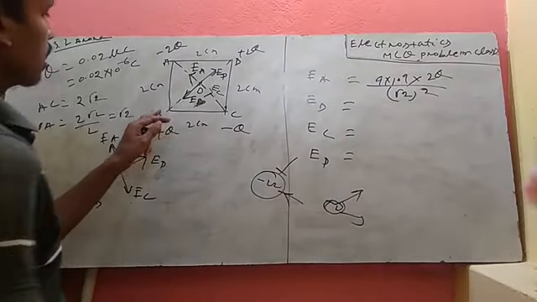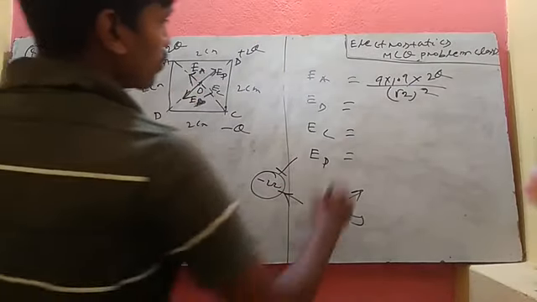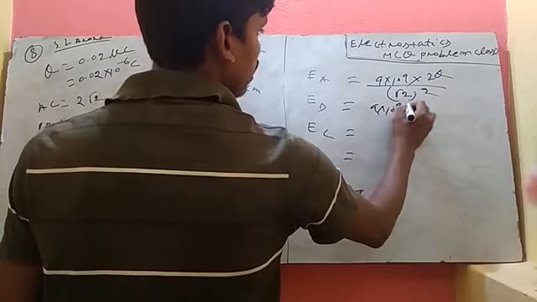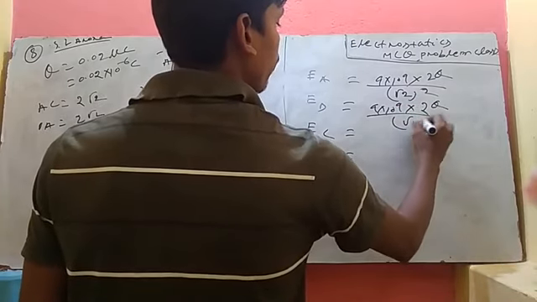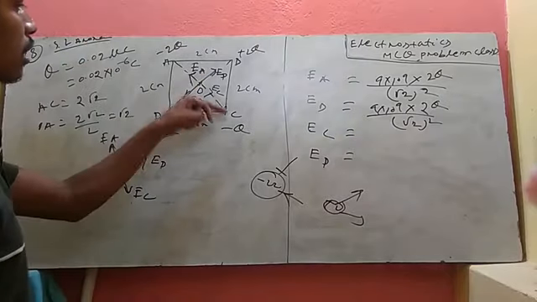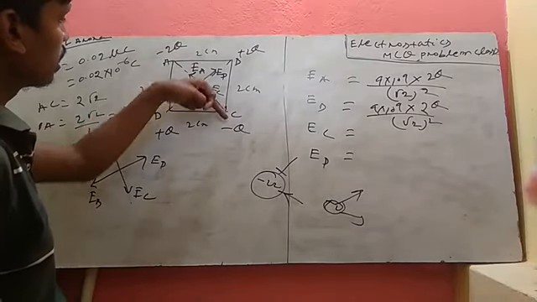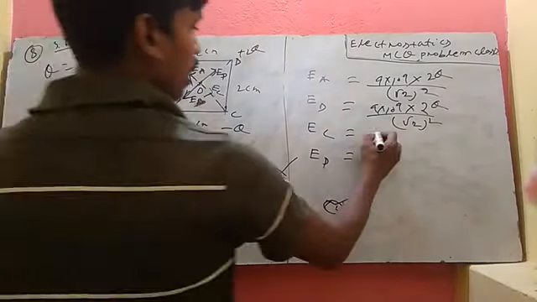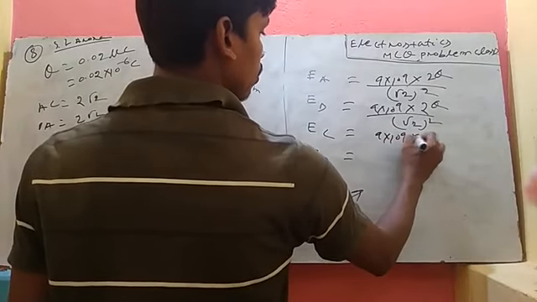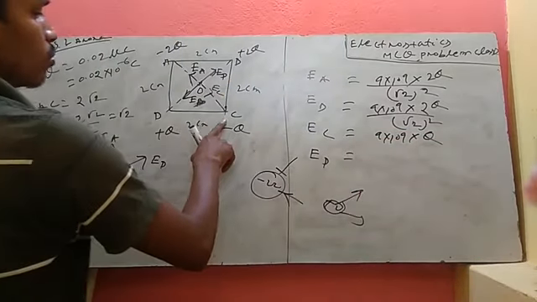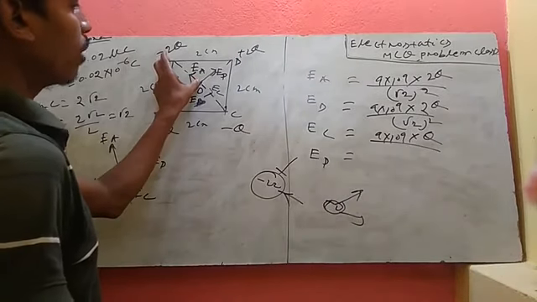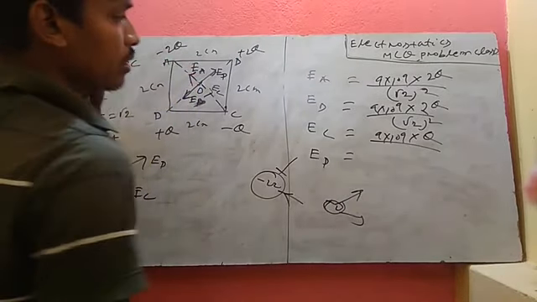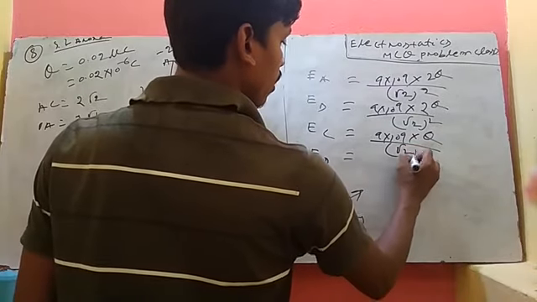Similarly, EB is 9 into 10 to the 9 into 2q by root 2 square. EC, due to this charge, is 9 into 10 to the 9 into only q, not 2q, divided by OC square. OC is equal to OA and OB, the same value, root 2 square.